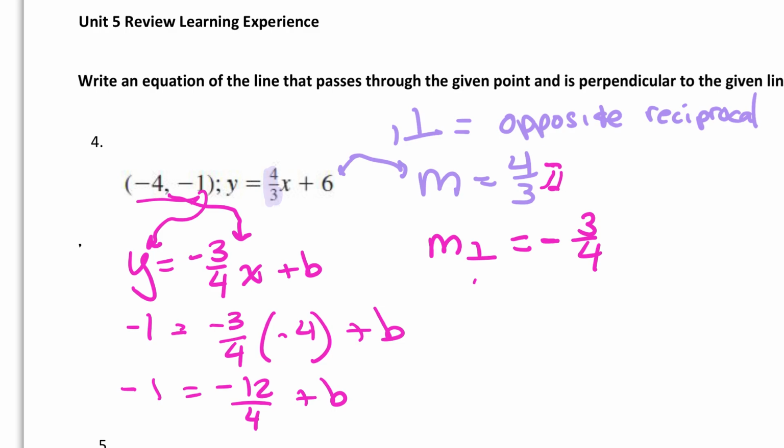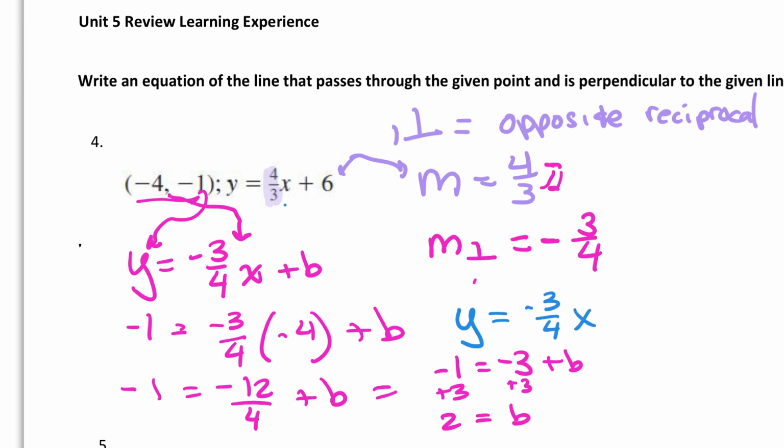Let me move up a little or over to the side, which is going to be -1 is equal to -3 plus b. Add 3. I get 2 is equal to b. So the equation of the line that is perpendicular to that line is y is equal to -3 over 4 x plus 2.